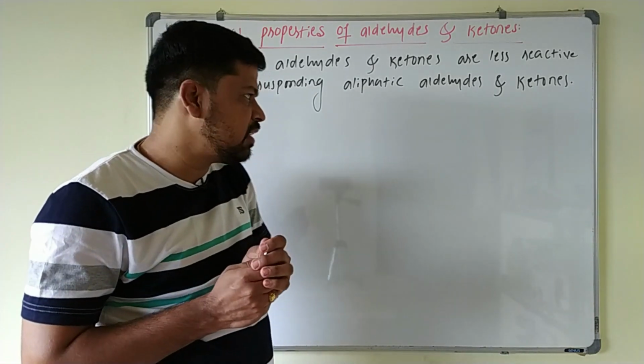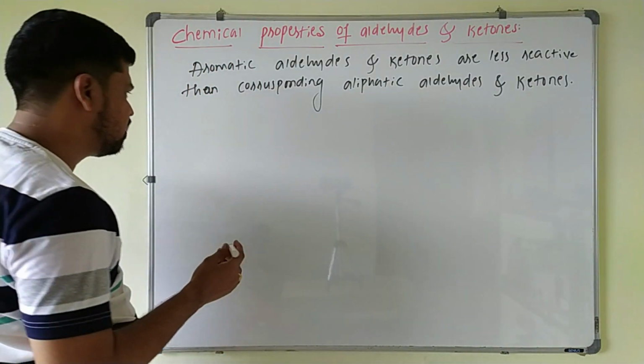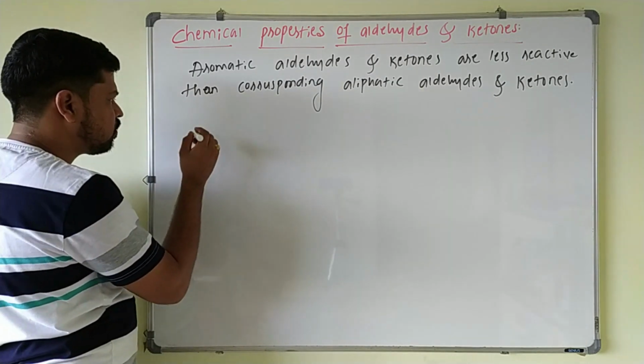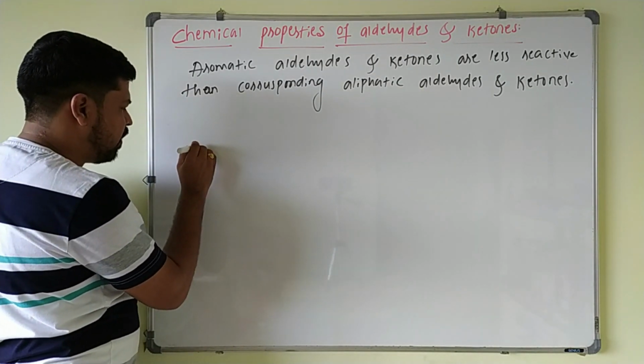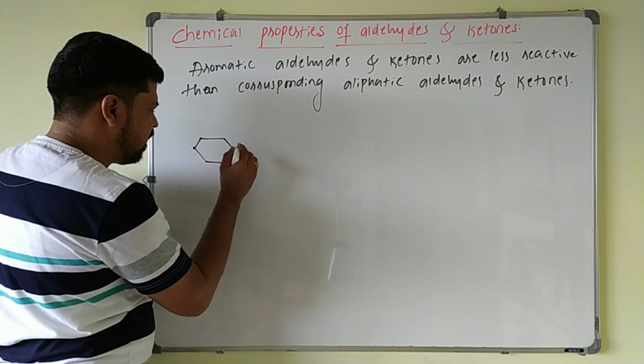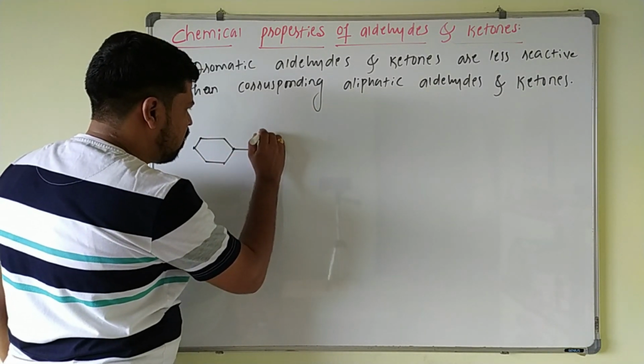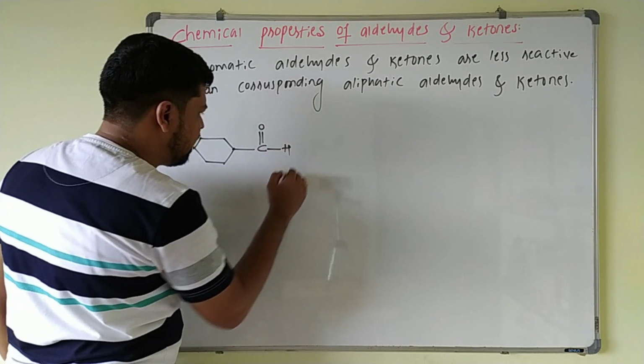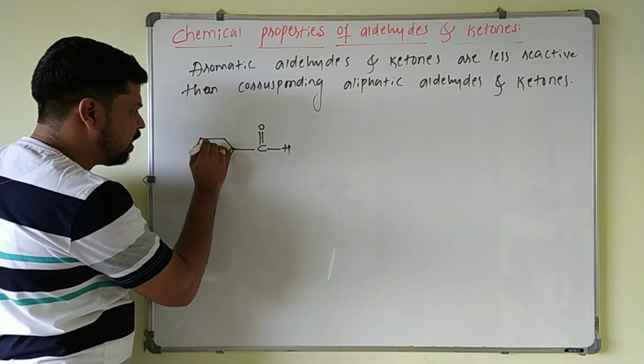The reason for this is, if you take benzaldehyde, that is the aromatic aldehyde I will take. In case of benzaldehyde, this is your aromatic aldehyde. In this one, this benzene ring acts as electron releasing through the resonance effect.